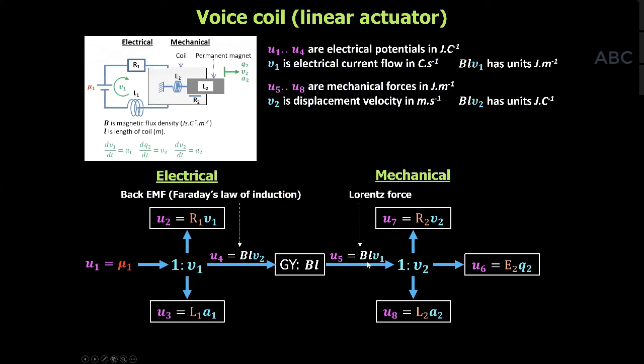And then on the mechanical side, you have a force being produced, a Lorentz force. A voice coil is a Lorentz force actuator. And now the force being produced relates to the current. So now you've got an electrical term here, the current in the electrical circuit, giving rise through the field strength B and the length L to the mechanical force.